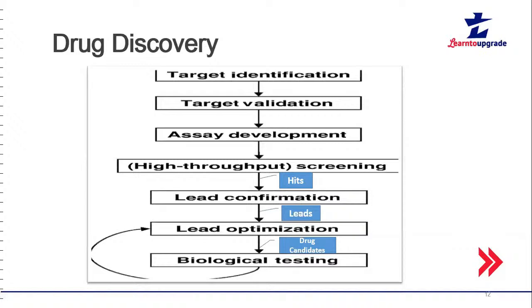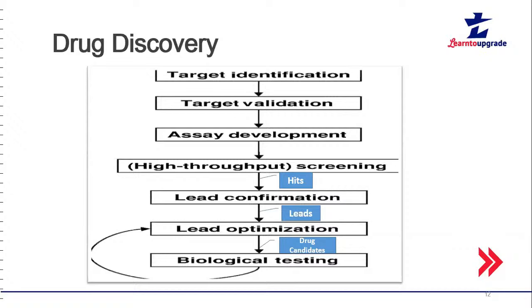Biological testing in this picture is actually showing you the preclinical testing only. It is just to show you that the cycle can be repeated. If we are doing preclinical testing and you find that this candidate is good, giving the desired effect, but there is a side effect or an adverse event along with it, can I remove this adverse event or side effect by dropping or adding some molecule, or doing some molecular changes?